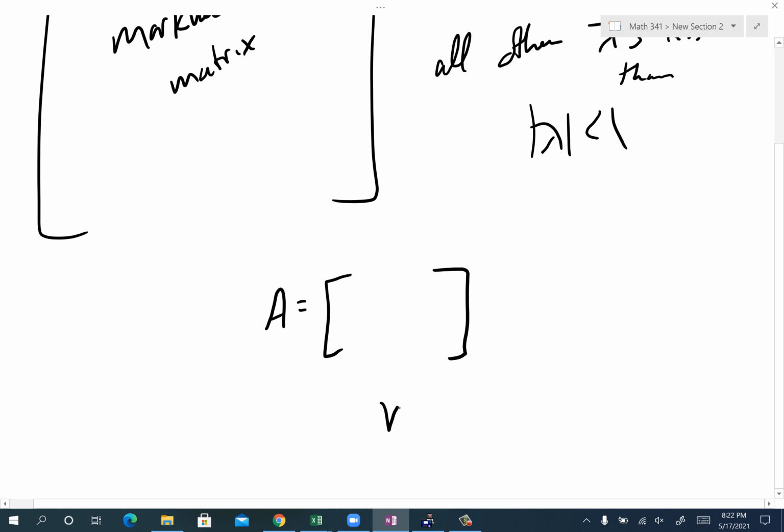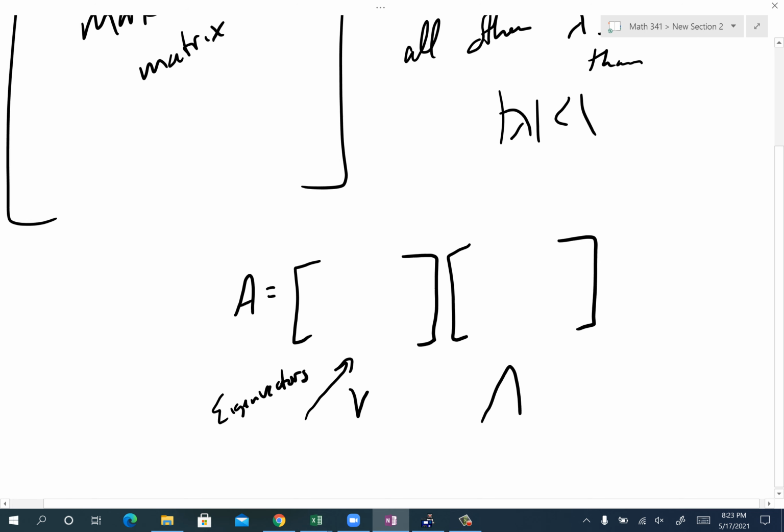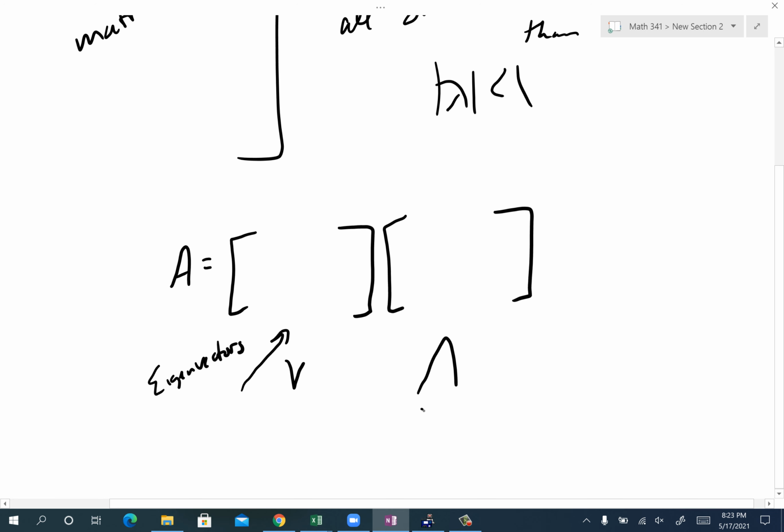Where this is V, your eigenvectors as a matrix, times, we'll call this big lambda, capital lambda, where they will be on the diagonals, lambda n, zeros everywhere else.